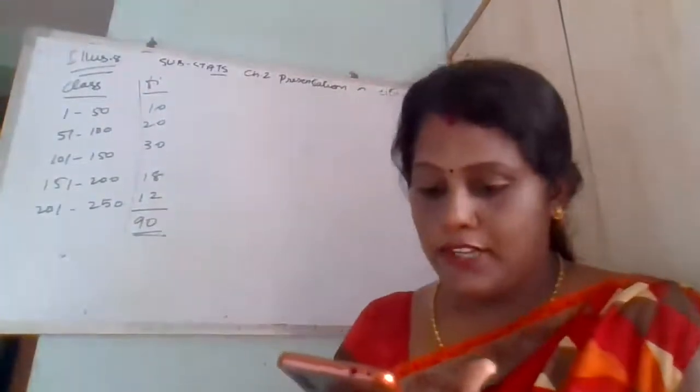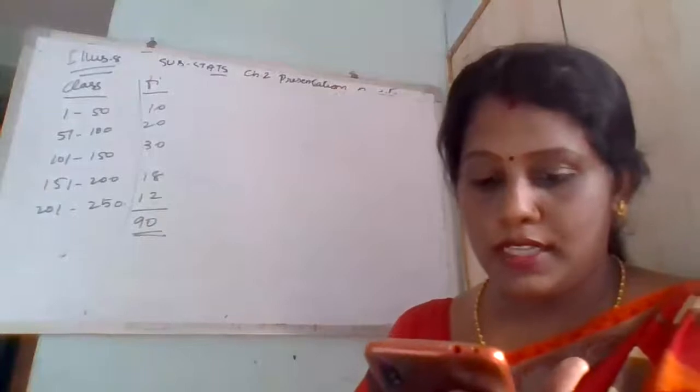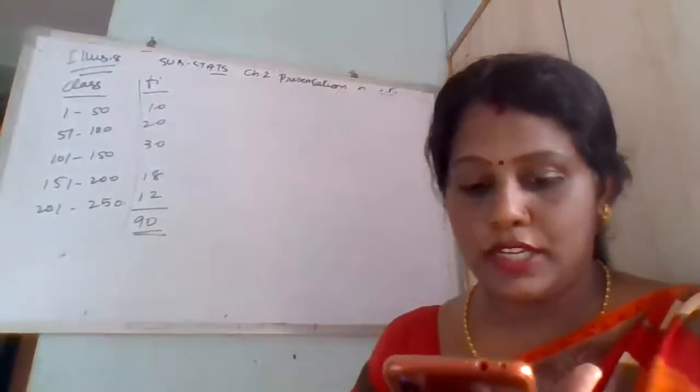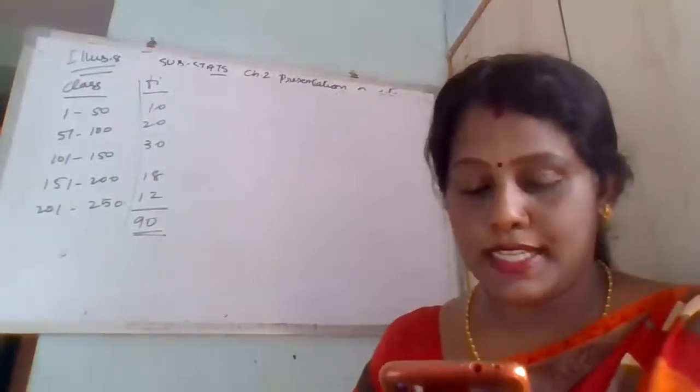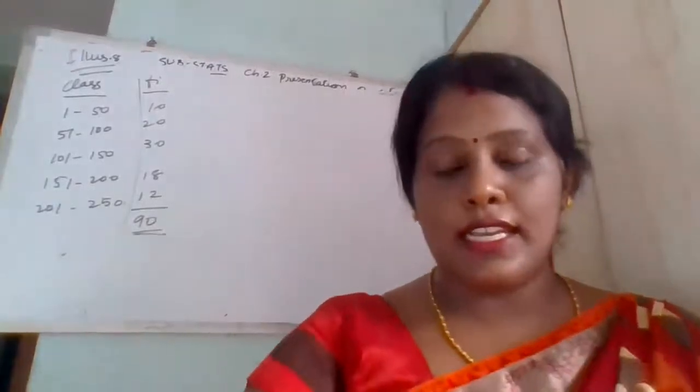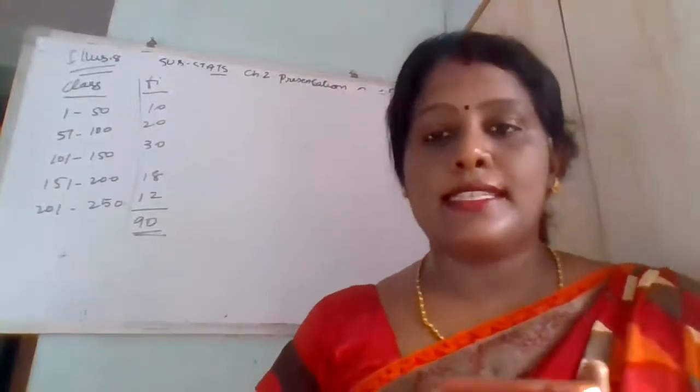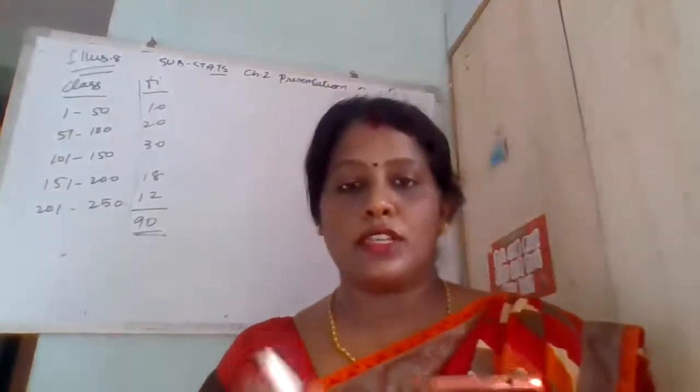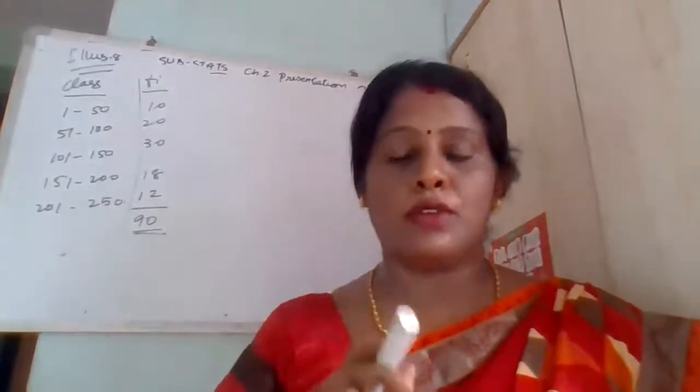So first of all, you have to see that this inclusive continuous frequency distribution can be expressed as exclusive. Always remember that whenever your class is inclusive, to find less than and more than type cumulative frequency, you have to first convert inclusive into exclusive.